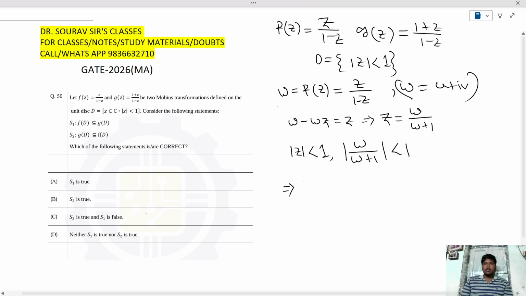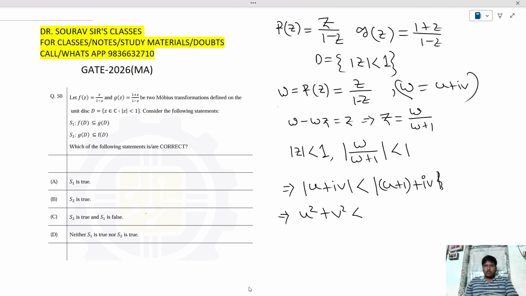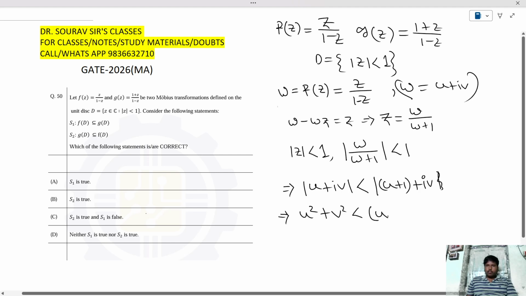That means mod of u plus iv should be less than mod of u plus 1 plus iv. अगर स्क्वायर उठा देंगे, so u square plus v square is less than (u plus 1) square plus v square. So v square will cancel out.